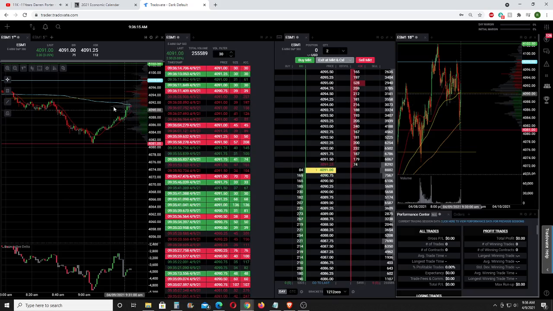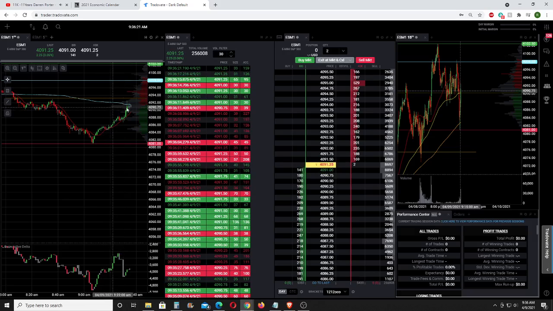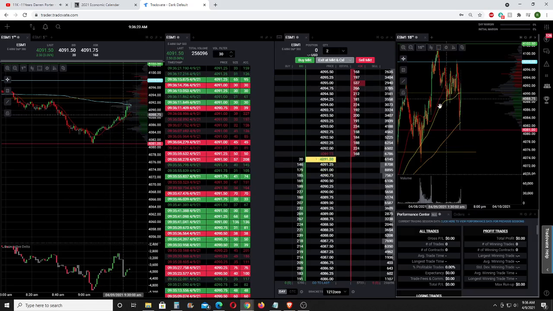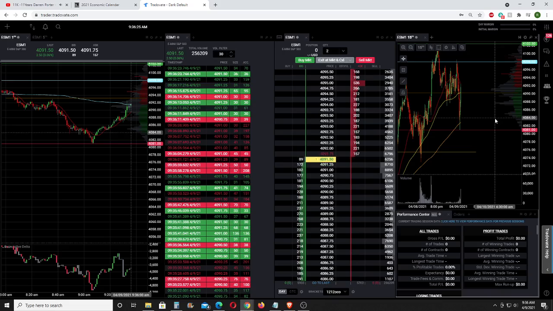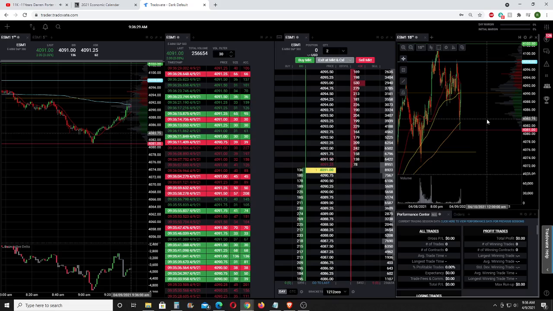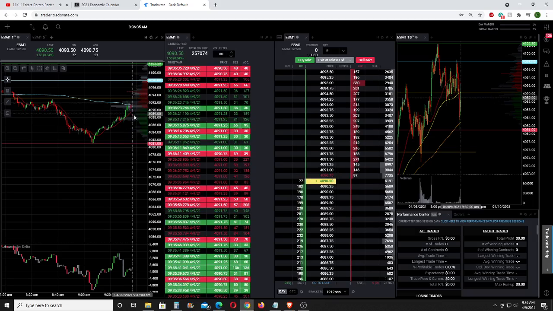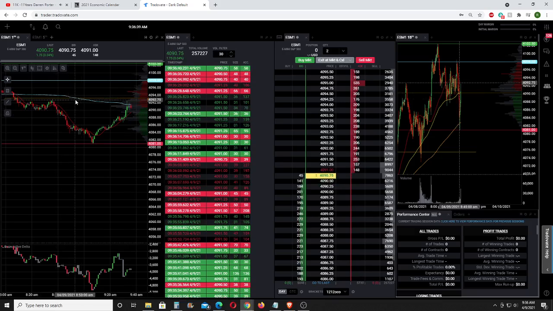Each minute bar is closing below the VWAP here. It's in a very key zone. Even if the 1 minute bar closes above the VWAP, I still won't be too confident. There's a lot of resistance.